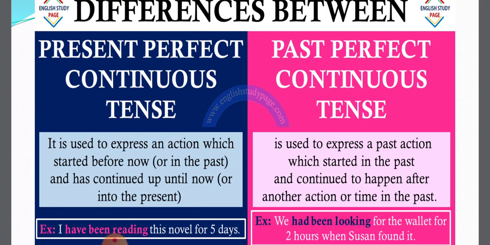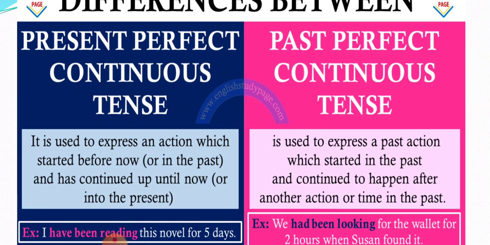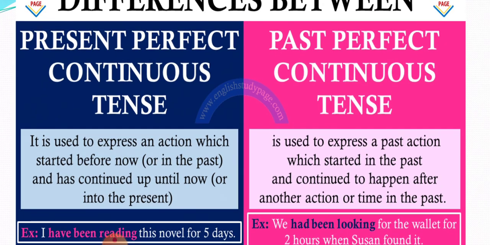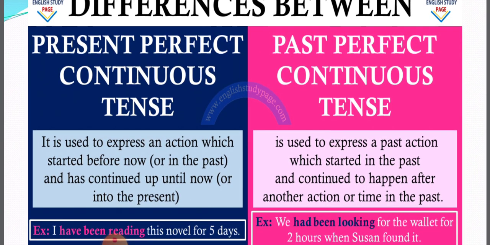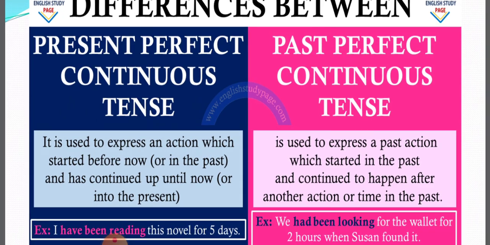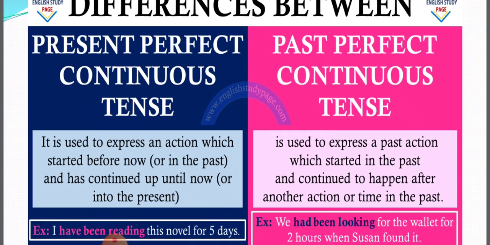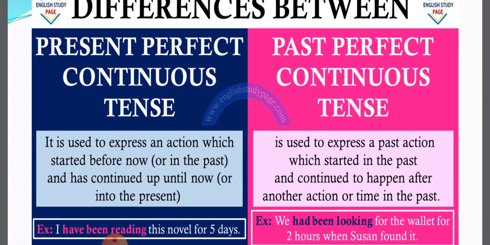And past perfect continuous, the action started in the past and continued to happen after another action or time in the past. In the past, remember. For example, we had been looking for the wallet for 2 hours when Susan found it. Now see, Susan found it, this is an action, and before that another action was continuing. So that's why we had been looking for the wallet for 2 hours when Susan found it.